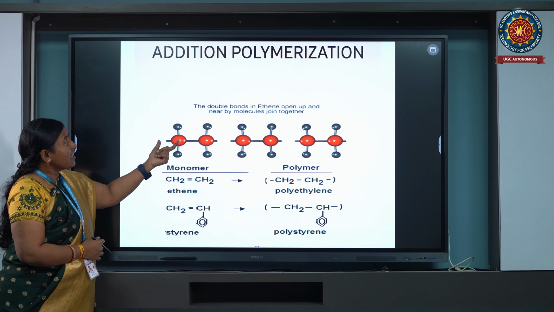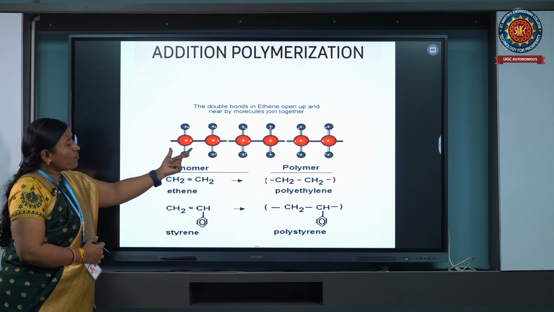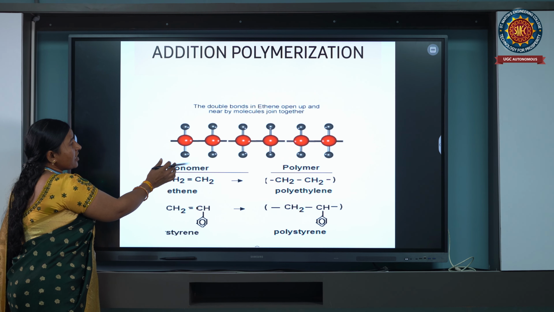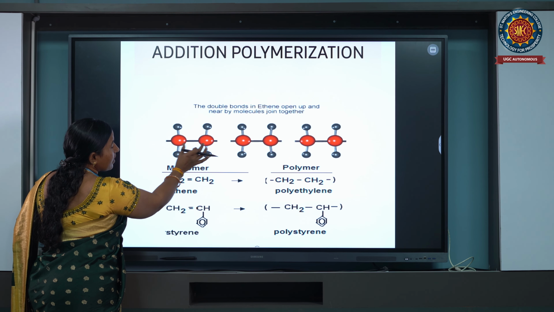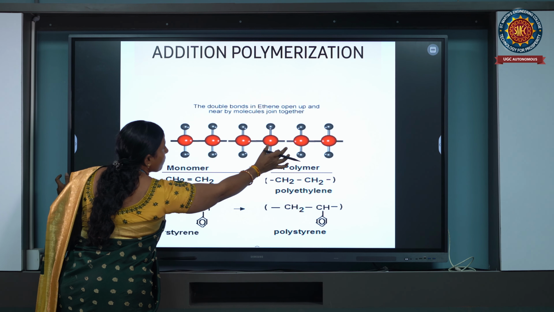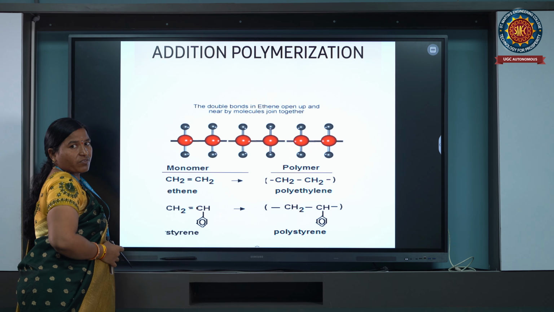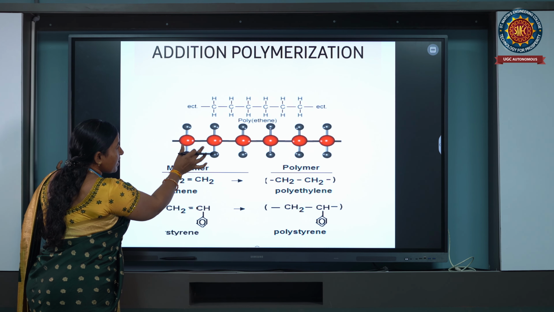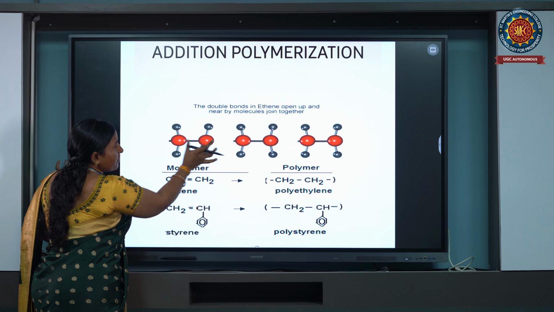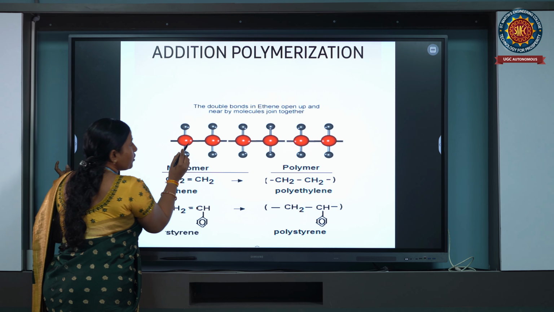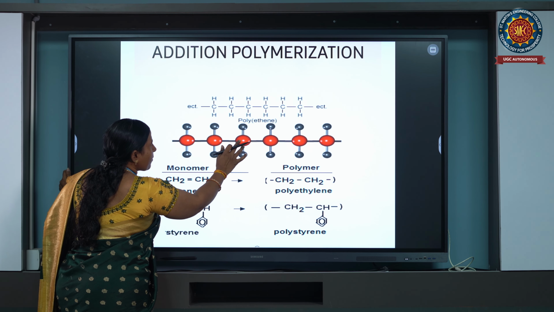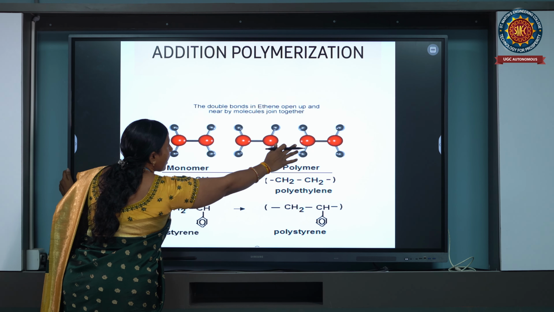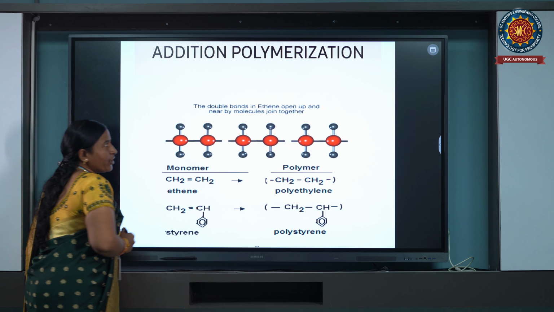Then see here, this is one of the addition polymers where initially the monomers break and make a bond with other molecules. Similarly, each one is a monomer, and due to the breakage of the bond, it combines with another molecule and forms a large molecule.